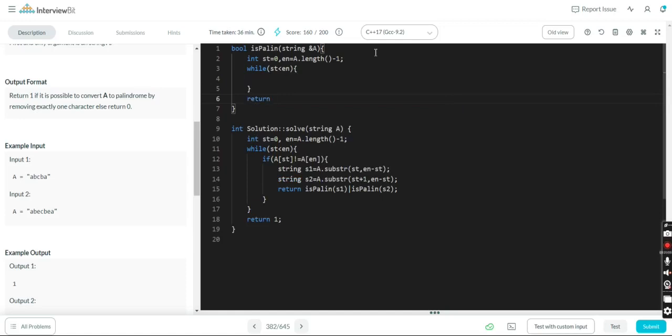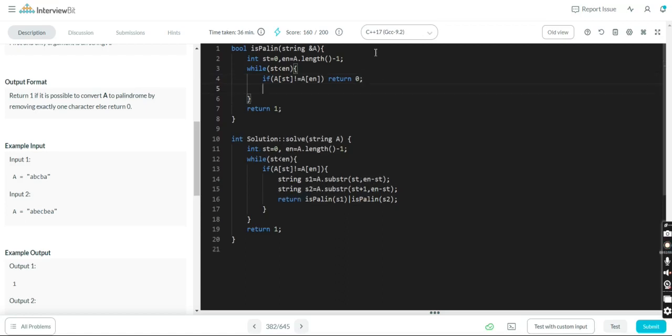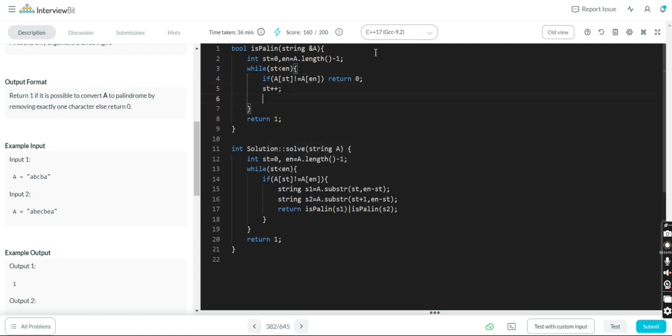By default we'll return a 1, that is the given string is a palindrome. Otherwise, if a of st is not equal to a of en, return 0, and st plus plus and en minus minus. Same goes here, st plus plus and en minus minus.